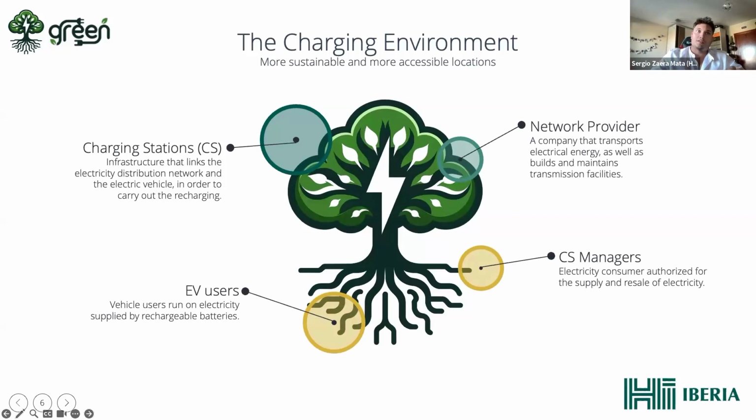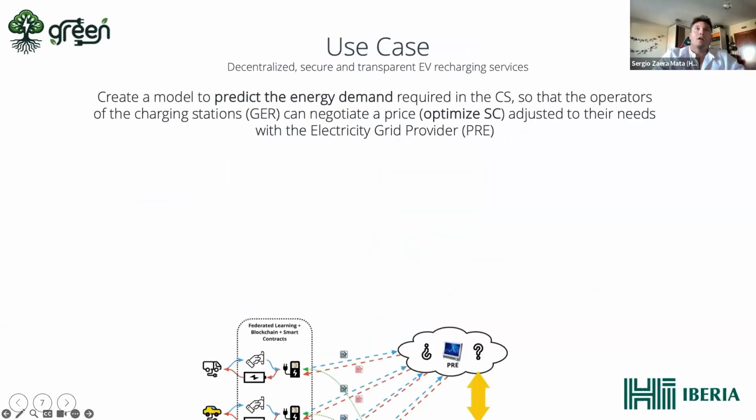Then each charging station will have a charging station manager, that is the electricity consumer authorized for the supply of this energy. And finally, in the last part of the ecosystem, we have the electric vehicle users, who need this energy to run.